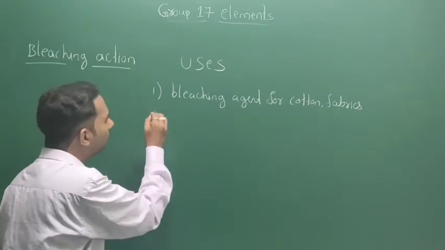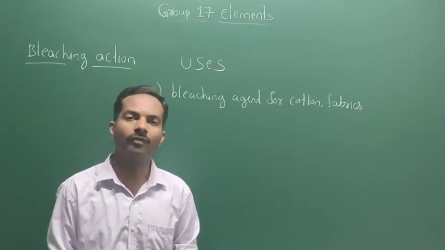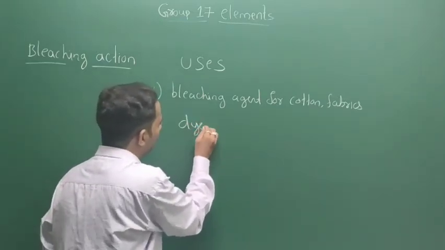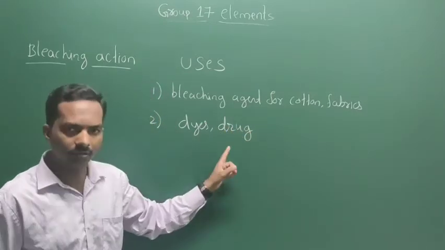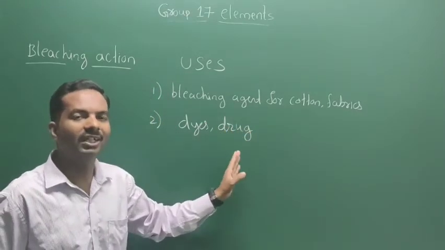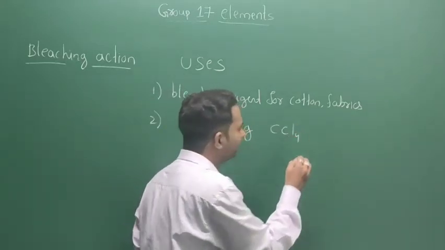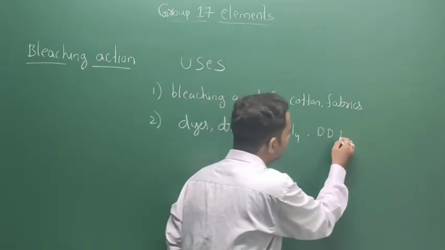Second one, chlorine is used for manufacture of dyes, drugs and some other organic compounds like CCl4, carbon tetrachloride, DDT.